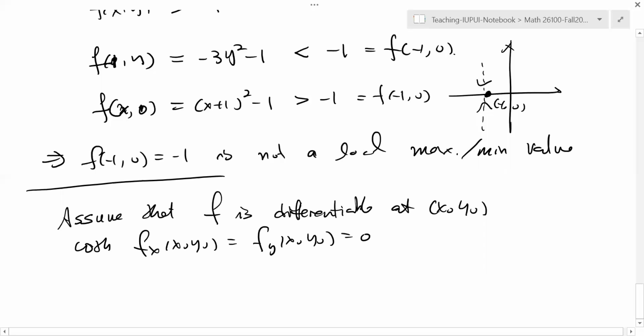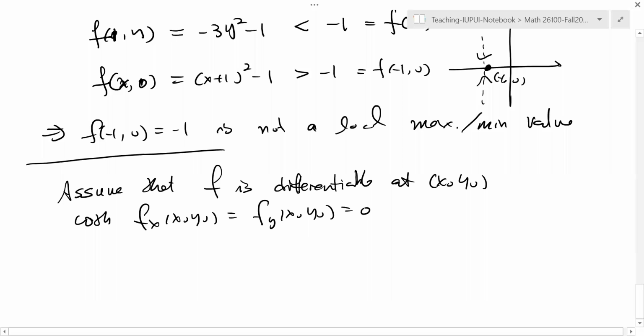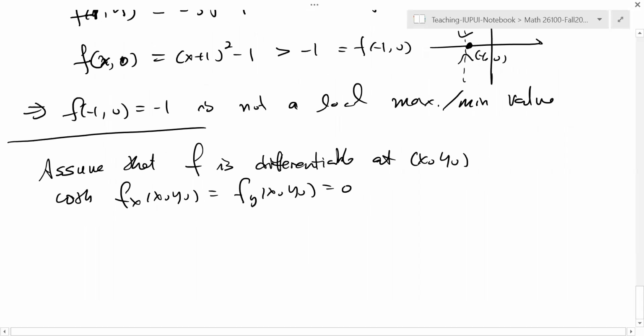So I want to see how I can check whether the function has a local maximum value or local minimum value, and we use the so-called second derivative test. We have the theorem for the second derivative test from Math 165. So we're going to use that to get a second derivative test for this function.